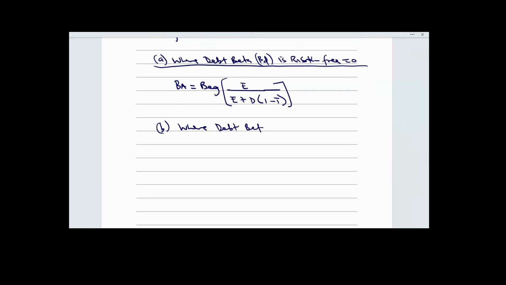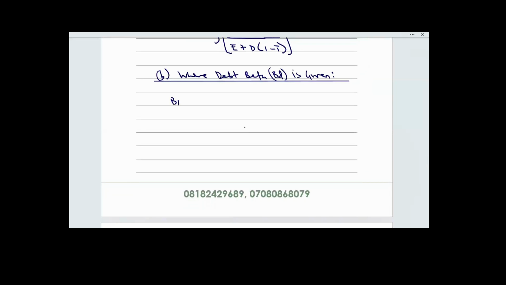Here, beta asset equals beta equity of a geared company multiplied by equity value divided by equity value plus debt value times 1 minus tax rate of the proxy company, plus debt beta multiplied by debt value multiplied by 1 minus tax, divided by equity value plus debt value times 1 minus tax.